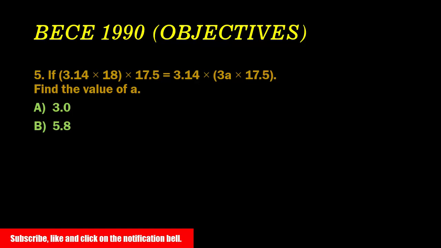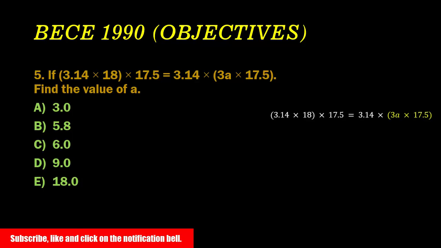Option B, 5.8. Option C, 6.0. Option D, 9.0. Option E, 18.0. Now, to simplify this, or to come up with the answer, what we do is that first of all, we write out what was given to us in the question as shown on the screen.